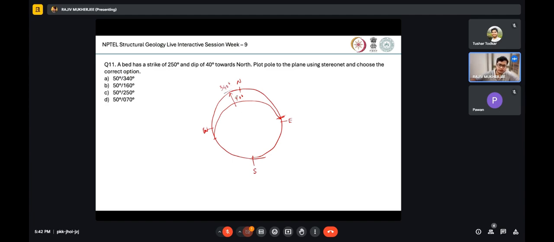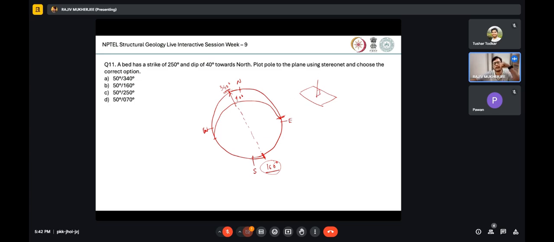Now to get the pole, you will have exactly the opposite end of this trend, right? So the trend is 340. The 180-degree opposite end will be 160. To get the pole, you take the reverse strike end. And pole means it makes 90 degrees with respect to the plane. So if this is a plane, the pole is perpendicular to the plane, maintaining 90 degrees.